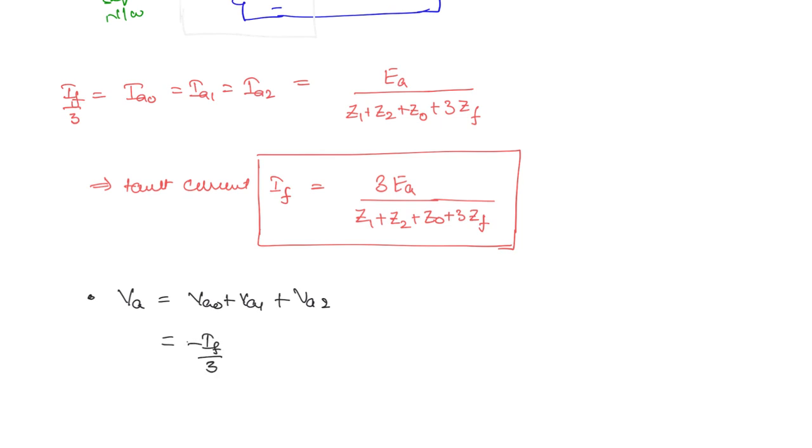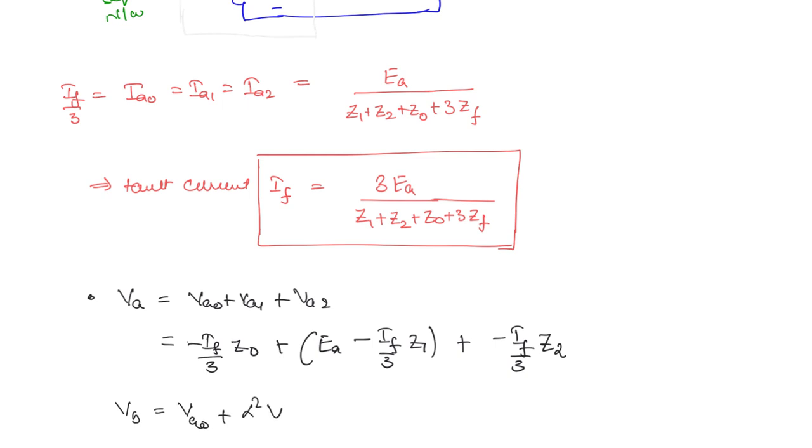Minus IF by 3 into Z0, and VA1 is going to be EA minus IF by 3 Z1, and VA2 is going to be minus IF by 3 into Z2. Okay, so this is how you can find out the phase voltage A. Similarly, VB, if you want to find out, this is VA0 plus alpha square VA1 plus alpha VA2. Similarly, you can write the expression for VC and you can find out.